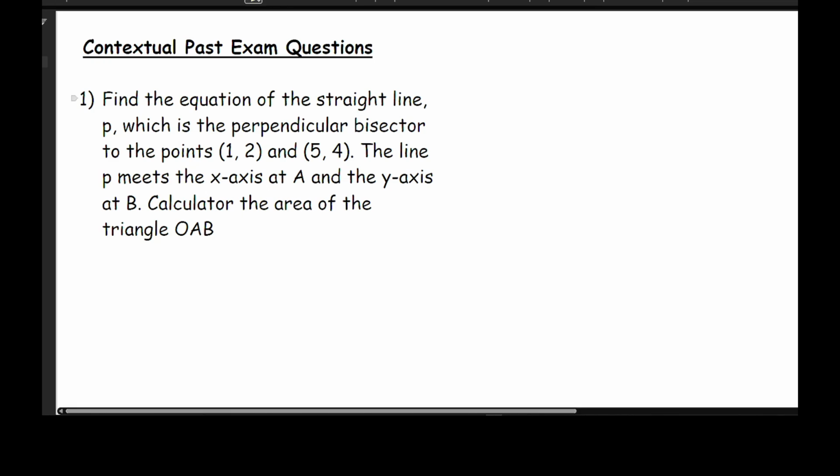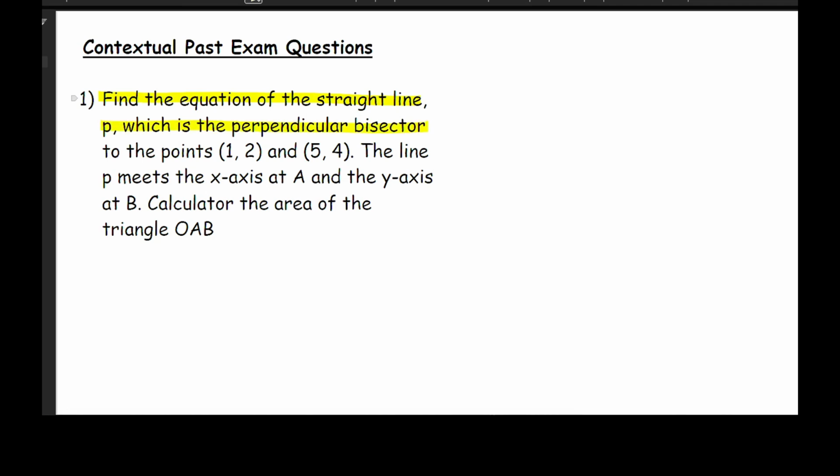Now the first thing we need to do is to find the equation of the perpendicular bisector, which in this case is called P. So if I just do a little sketch now, to get an understanding about what it is with these particular questions, if it's not supported with a diagram, I would always recommend drawing a diagram. So I'm just going to sketch a set of axes.